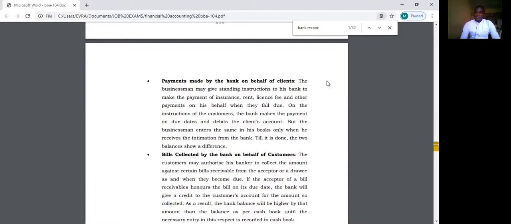Here, what this point means is that the bank is going to pay an insurance, for example monthly. Because you don't know what the bank is going to apply, you find that the money in your account has decreased for that reason.